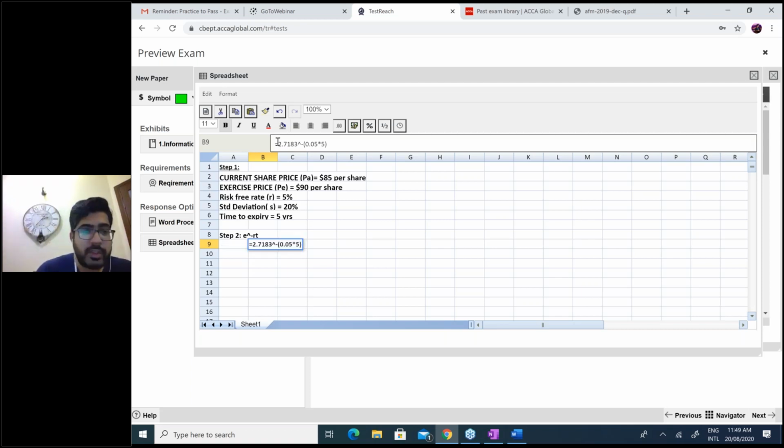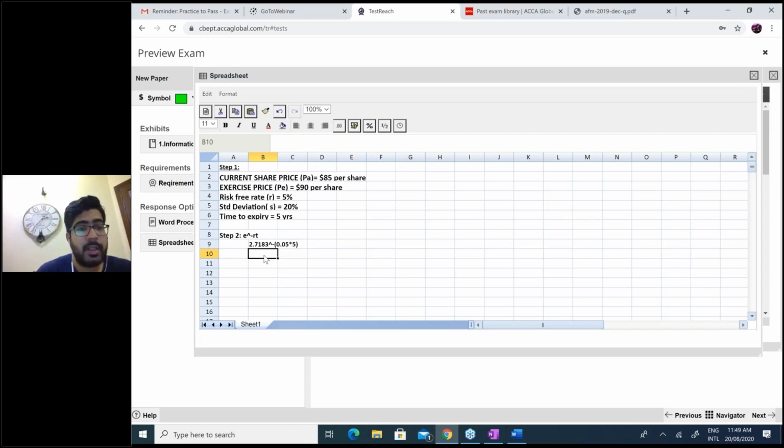Otherwise, you need to remove the equal to sign so that it is clearly visible, and then write the answer as 0.7785. If you want to write like this, it's up to you. We just want to apply it in the formula so that when the examiner clicks, he gets the formula. It's up to you. I don't have any problems in anything.